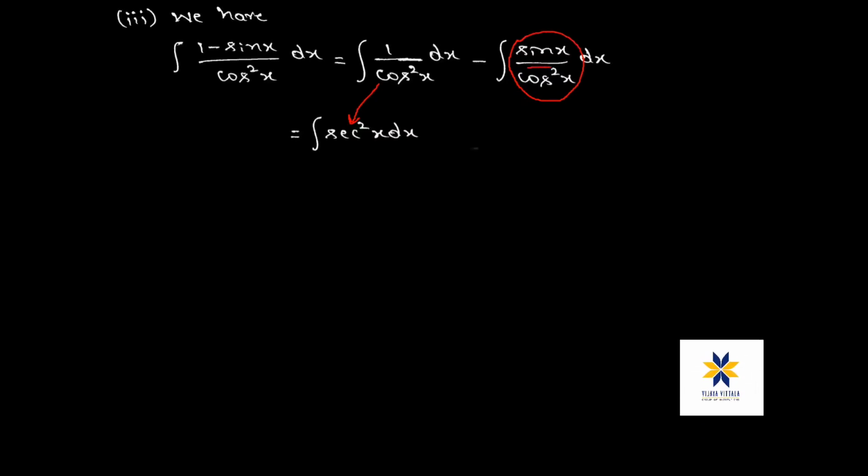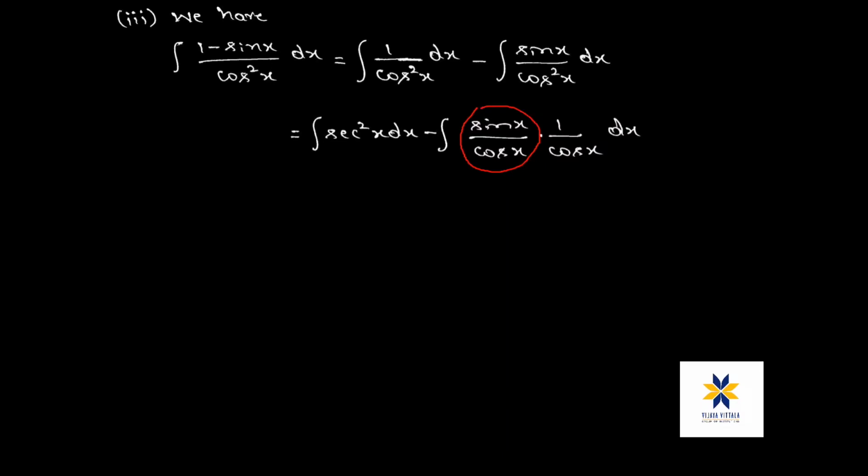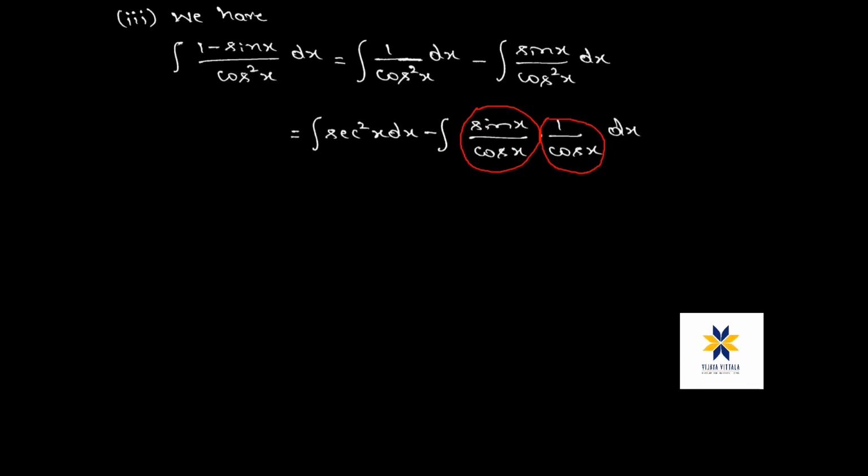We split this cos square x as cos x into cos x. One cos x we write in the denominator of sin x, and 1 cos x we write separately. Why have we split this cos square x?